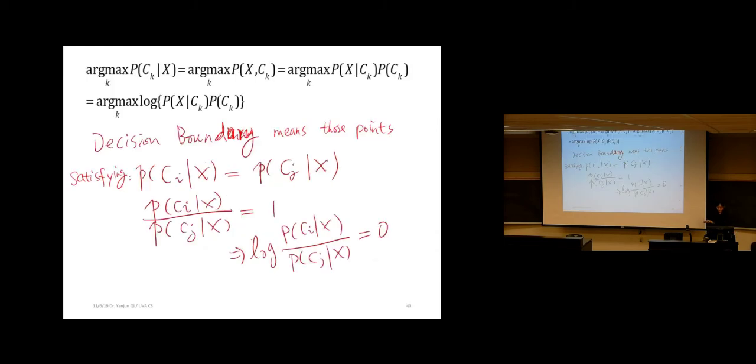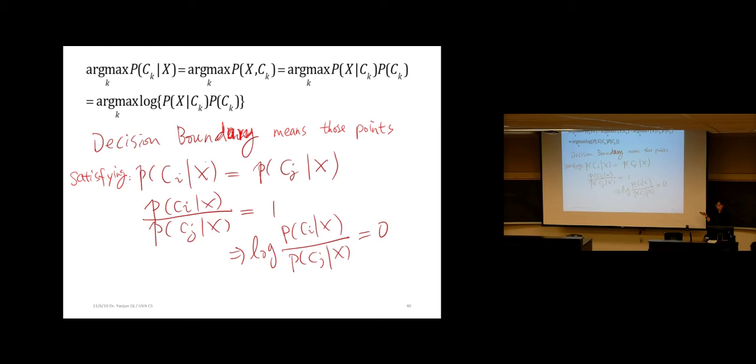All right. And I don't want to prove it, but you actually can. I hope you still remember what we mean by decision boundaries. For these decision boundaries, PCI conditional X equals PCJ conditional X. These two probabilities are the same, and that means the density ratio is 1.